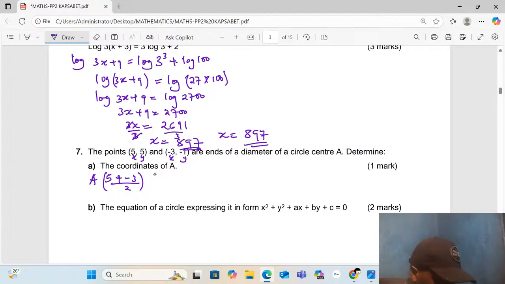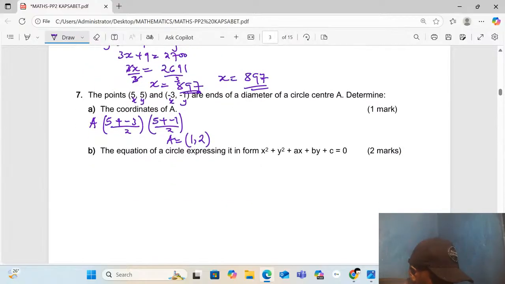Then for the values of y, take the y's, that is 5 plus -1, and then we divide by 2. So our values of A will be equal to (1, 2). So that is how we arrive at the solution for A.